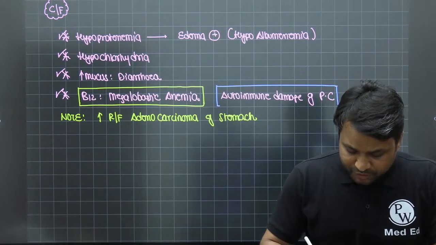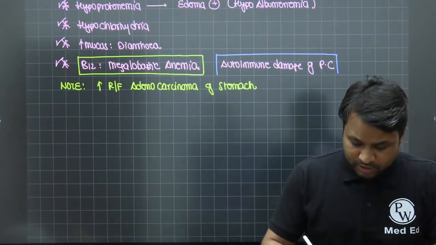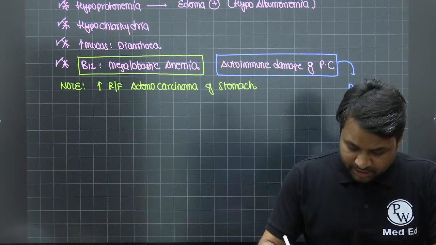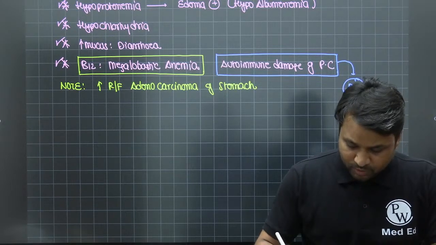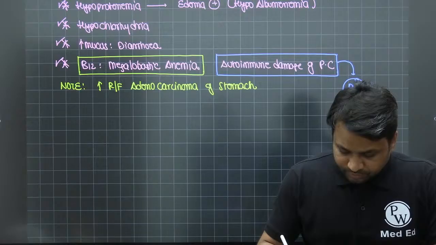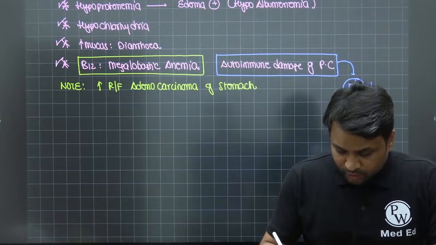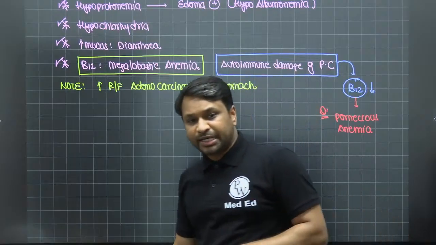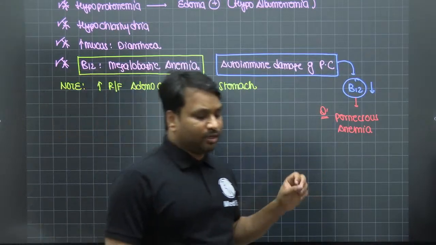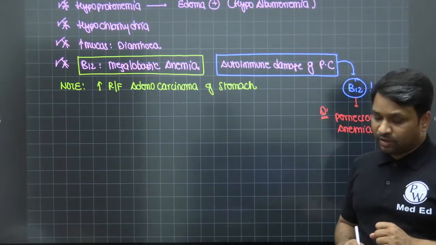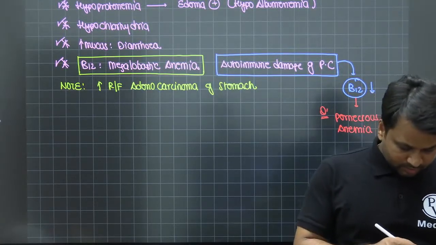When the B12 deficiency occurs because of this, this is what we call pernicious anemia, right? And remember, pernicious anemia actually increases the risk for development of adenocarcinoma of the stomach, right?